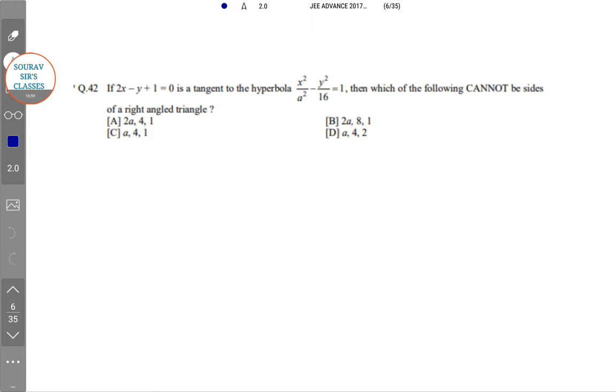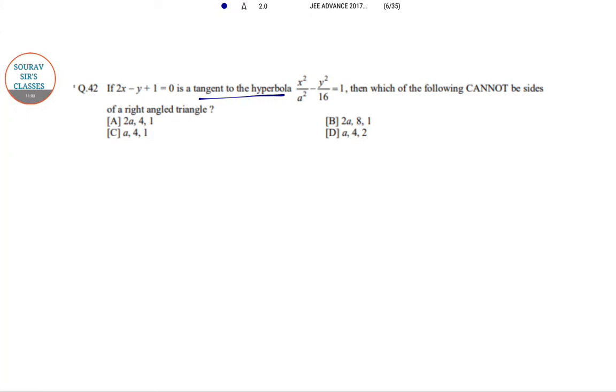Next one. A tangent to the hyperbola is directly given, then which of the following cannot be sides of a right angle triangle? So sides of a right angle triangle mean the sum of squares of two equals the square of the third. Okay, so let's do it. So the hyperbola x squared by a squared minus y squared by 16 equals 1.